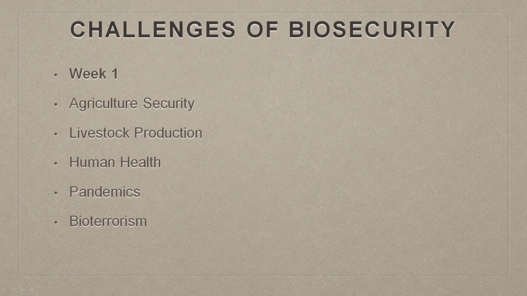Now, in terms of the specific aspects of what we will be dealing with in week 1, there are basically 5 things: agriculture security, livestock production and how it is influenced, human health, pandemics and bioterrorism. These are the 5 things we will be dealing with. In terms of bioterrorism, this is nothing new.